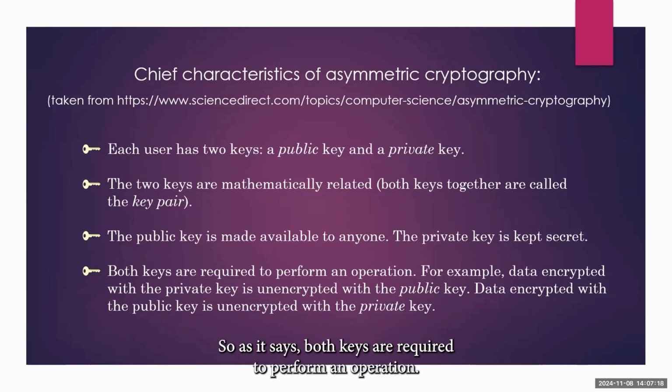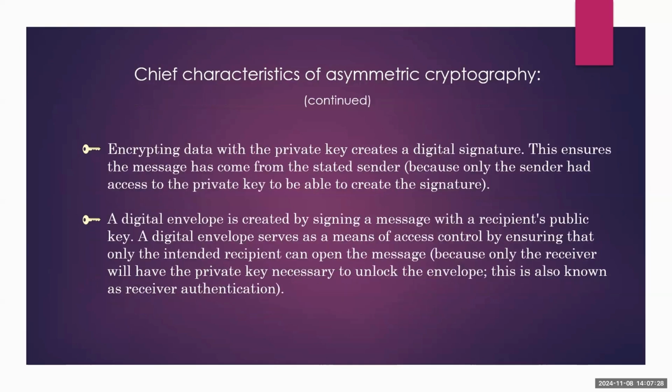So as it says, both keys are required to perform an operation. For example, if you encrypt data with the private key, you must use the public key to decrypt it, and vice versa. You also have the option with asymmetric cryptography of creating a digital signature when encrypting the data.